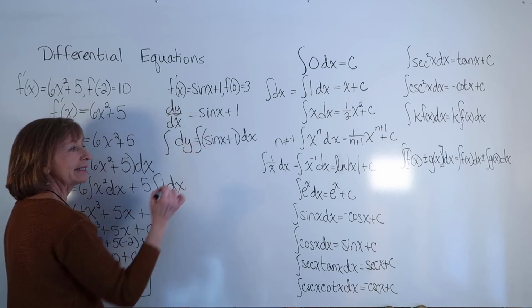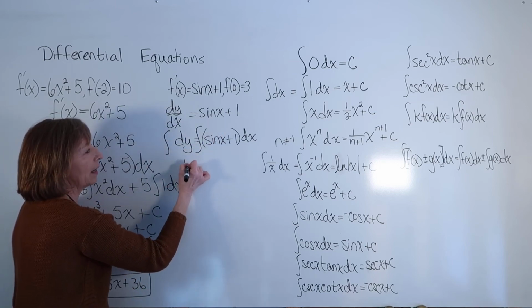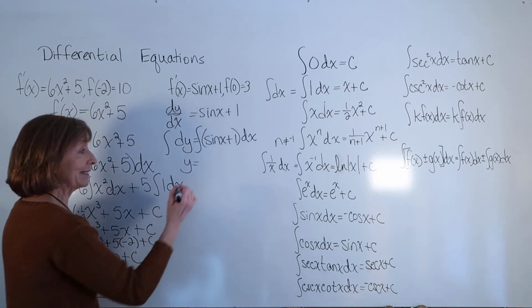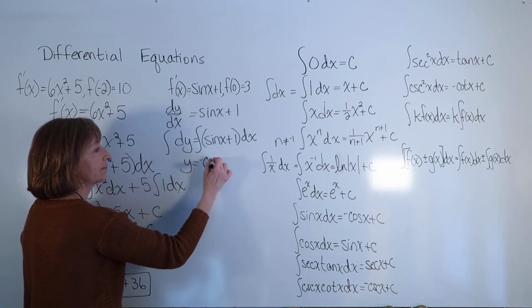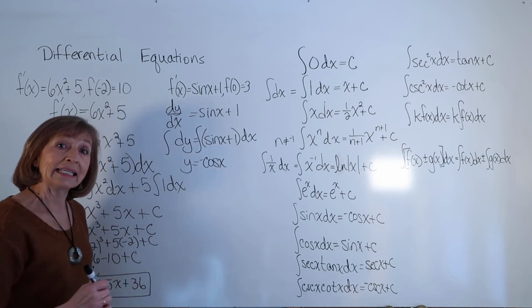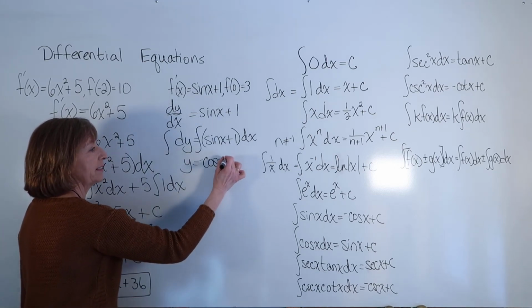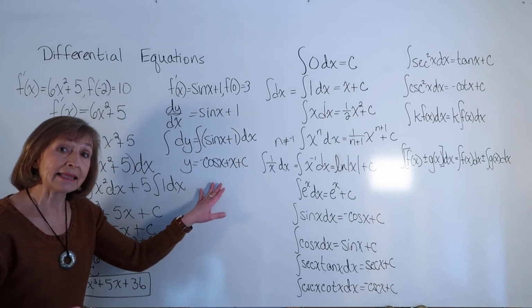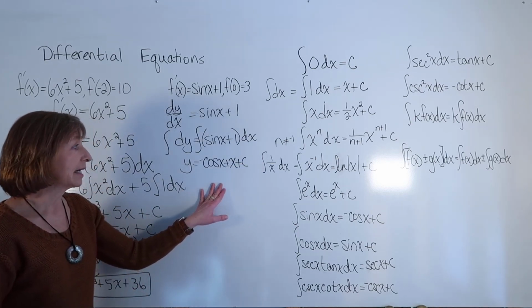Integrate both sides. The integral of dy is y equals, the integral of sine x is negative cosine x, plus the integral of 1 dx is plus x, and then plus c. Now again, that's your general solution.